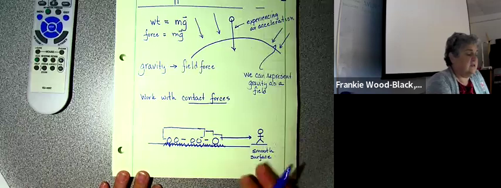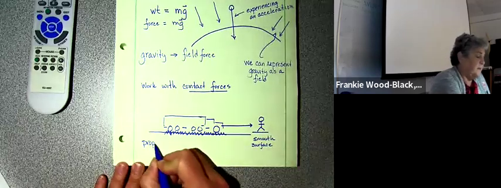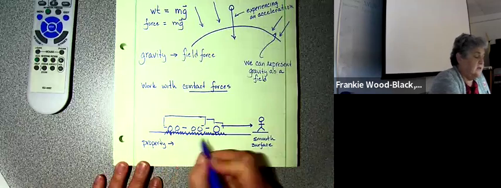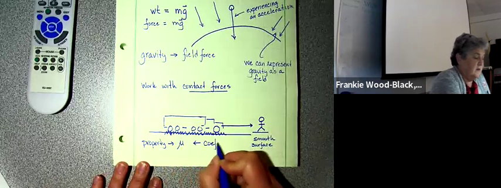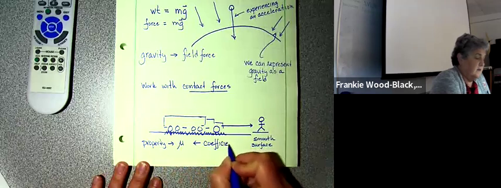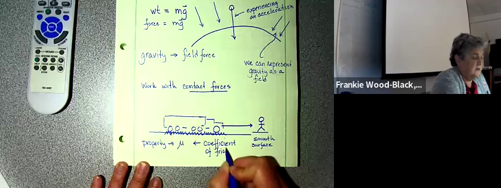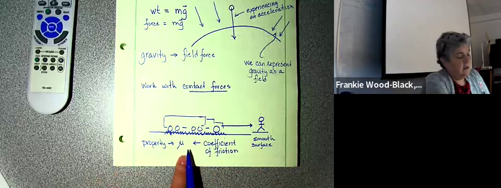And that gives us our properties, and this relates to a physical property. And our property is, we're going to call it a coefficient of friction. And my coefficient of friction is going to be dependent on the characteristics of my surfaces.